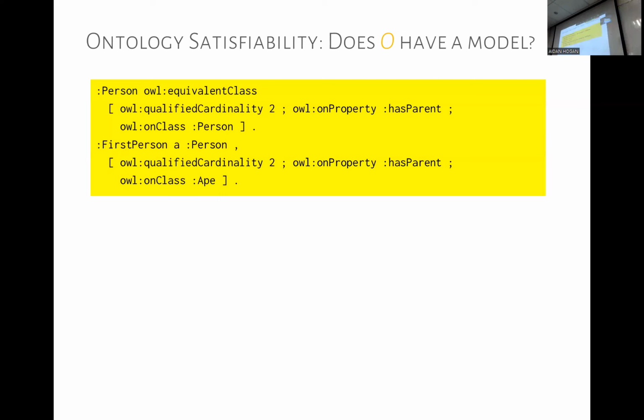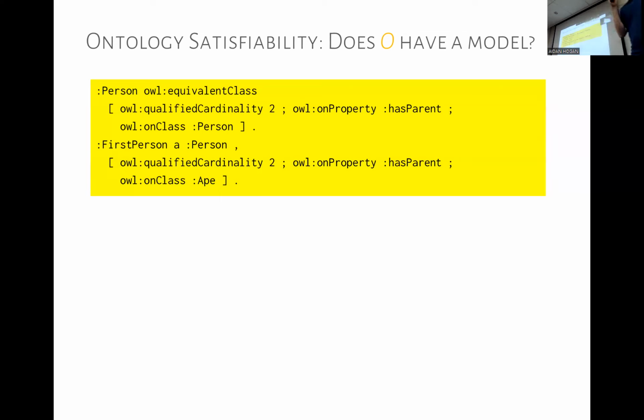So we're going to say a person has qualified cardinality 2 on property hasParent on class Person. And we're going to have this definition of a first person, and we're going to say that this first person is also a person. It has qualified cardinality 2 on property hasParent on class Ape. It has two parents that are apes.